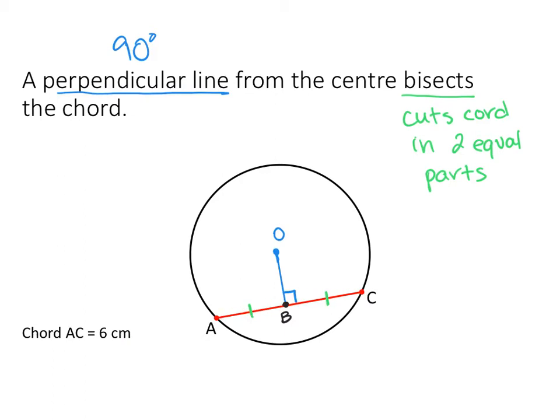What that means is that AB, line AB, equals half of that, so 3 centimeters. And line segment BC is also 3 centimeters. It cuts them perfectly in half.